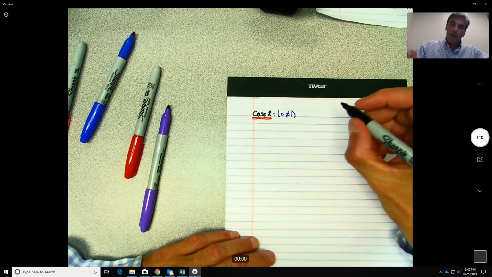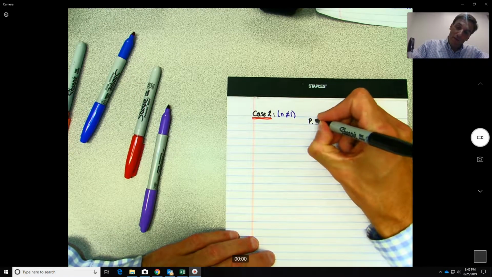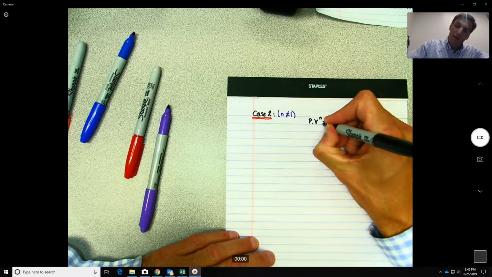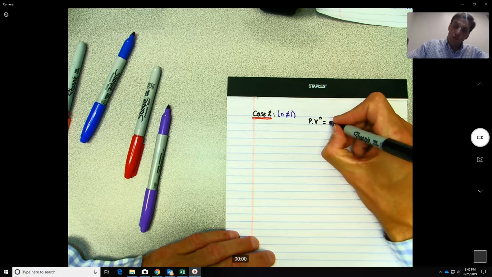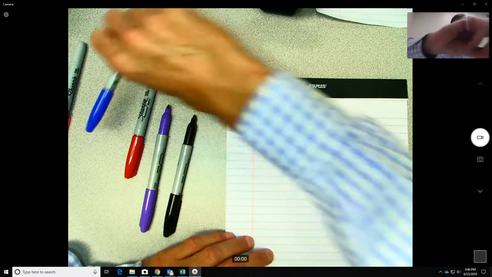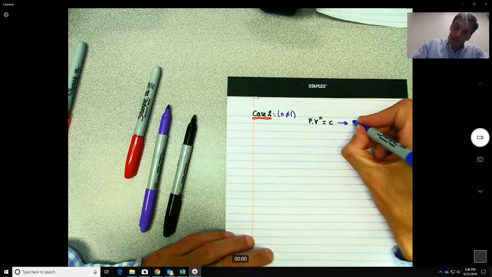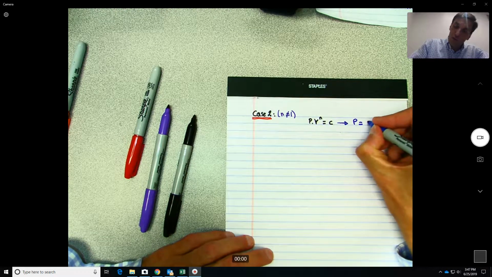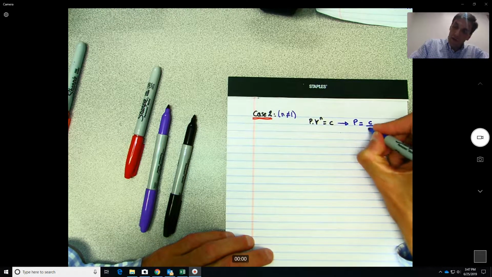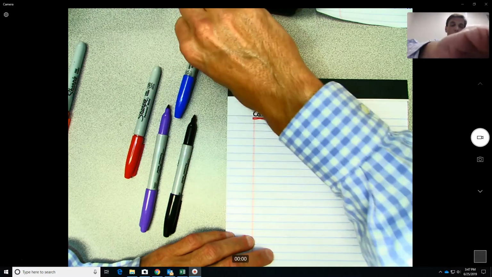So again, we have PV to the n equal to the constant. So we follow the same process as before. From here, we could say that the pressure is equal to C over V to the n.